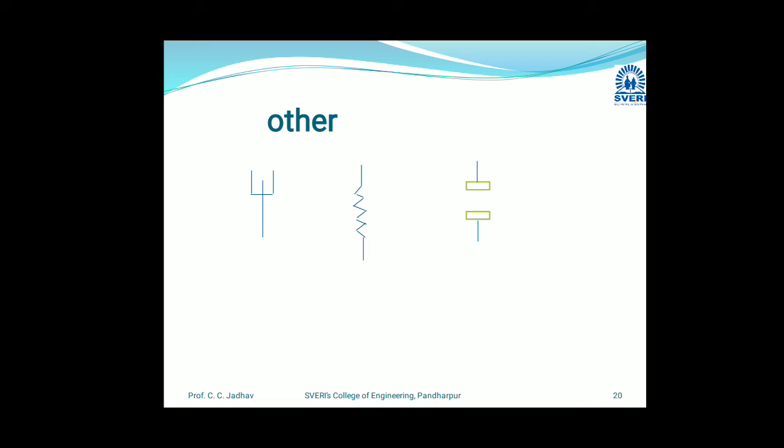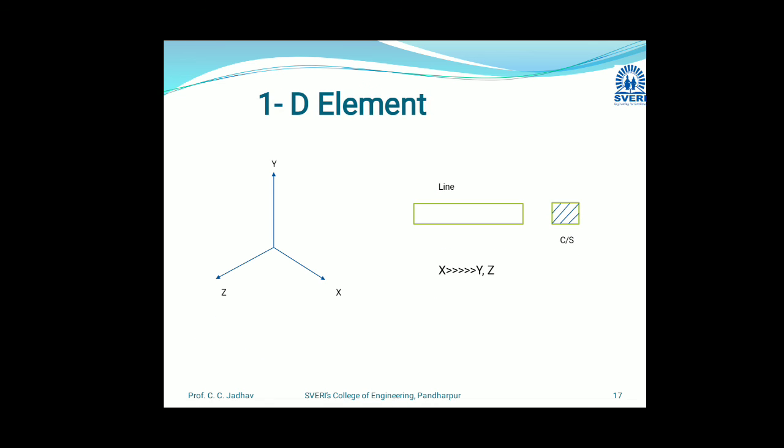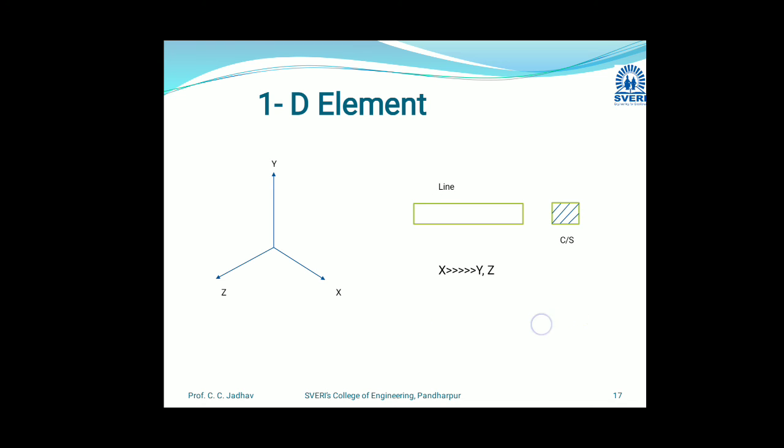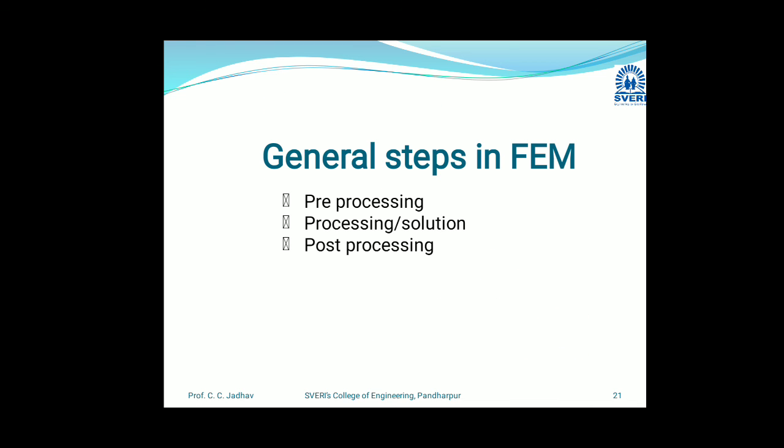So these are the last type of element, where we are using the mass spring damper. Like this, we are taking the different other elements. So this is about the types of elements. There are four types of elements: one dimensional, two dimensional, three dimensional and other.